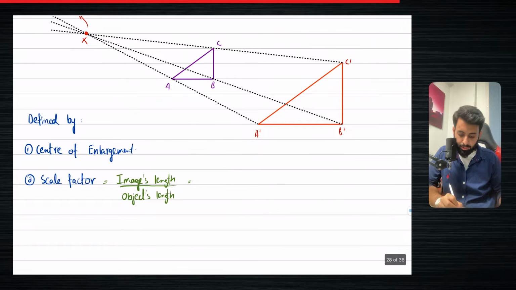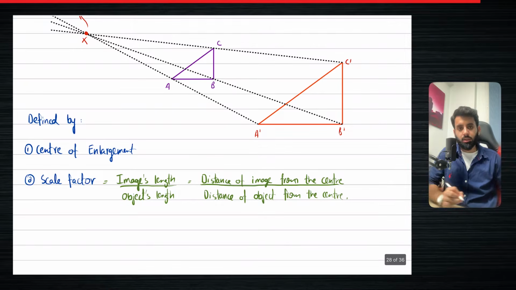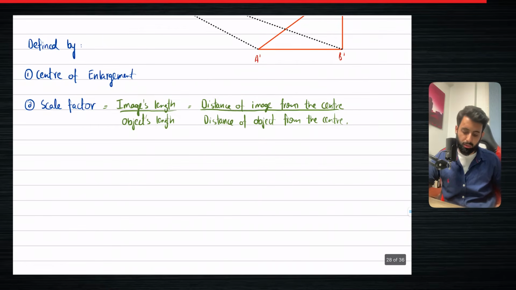There's something else also, and that is the distance of the image from the center, divided by, I'm sure you guessed it, the distance of the object from the center. Now, when do we use what? That's something I'll help you out with, nothing to worry about.